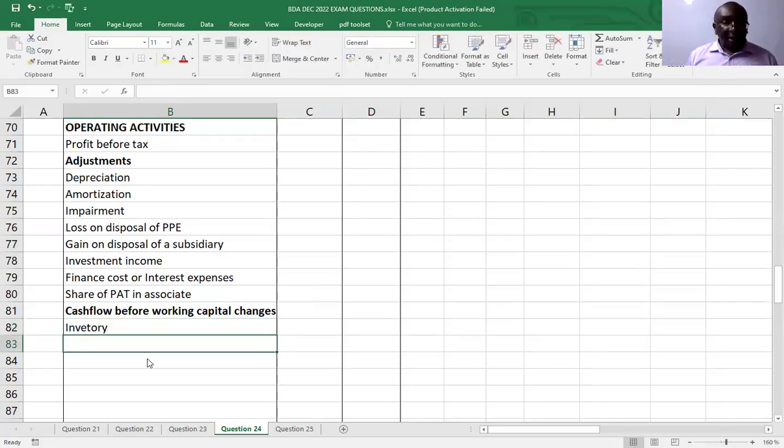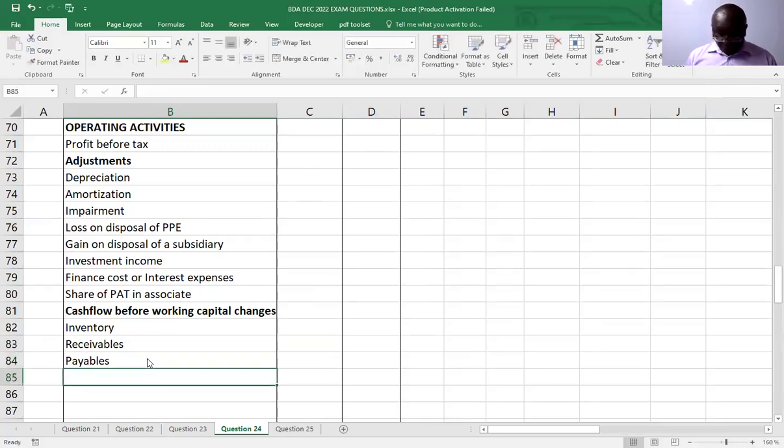We have inventory. We have receivables. We have payables. We have prepayments.